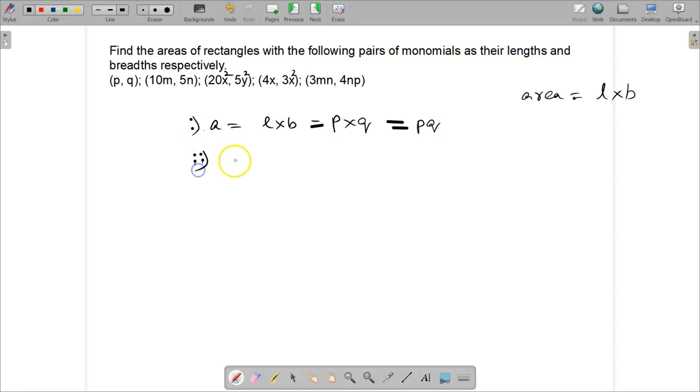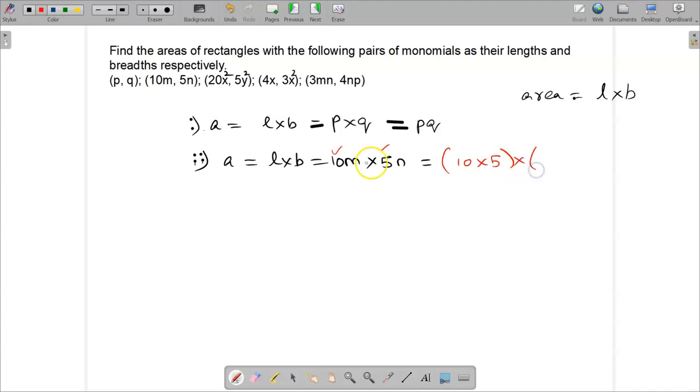Then coming to the second subdivision, area is given by length into breadth. Here length is given by 10m, breadth is given by 5n. And first generally we will multiply the constants and then we have to multiply the variables. So what are all the constants here? 10 into 5.